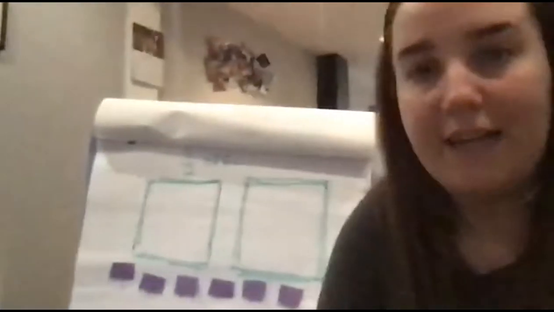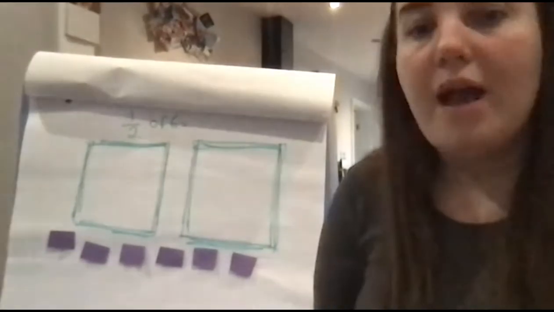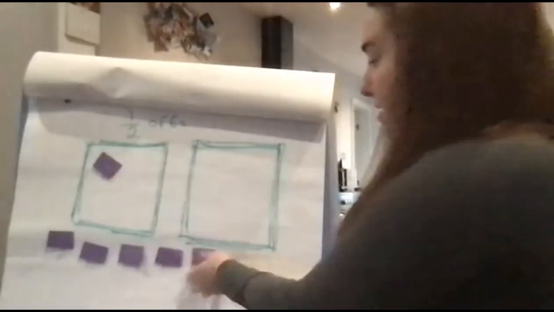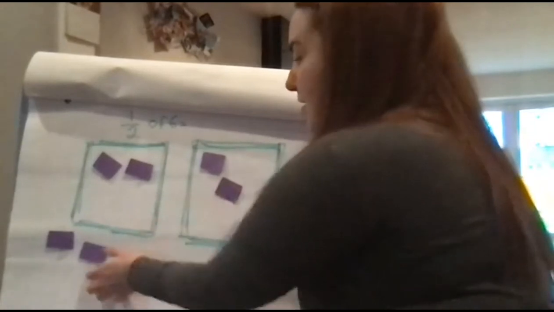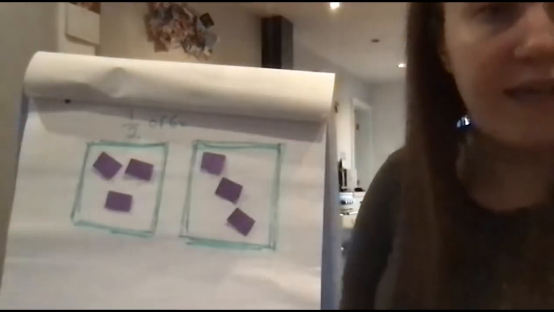I'm going to find half of these 6. So what I do is I'd go 1 for James, that's my younger brother, 1 for Paul, another 1 for James, another 1 for Paul, another 1 for James, and another 1 for Paul. So I found half of 6.